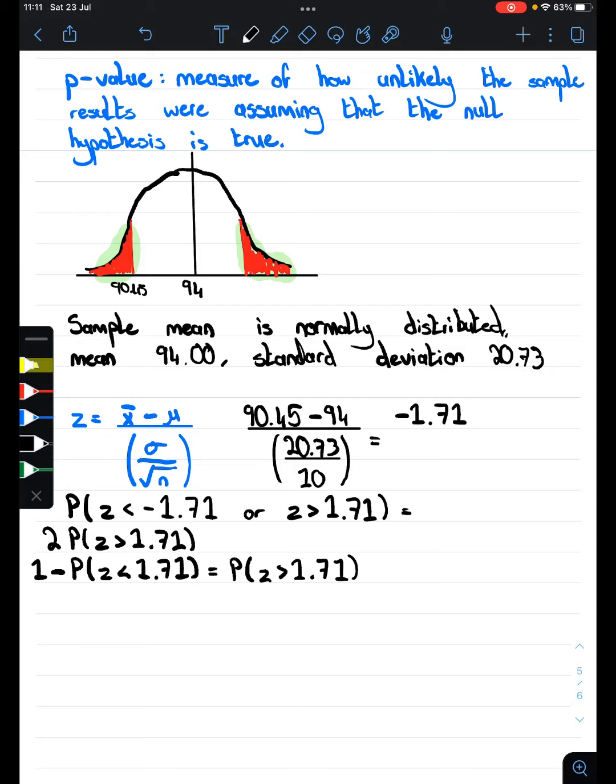So our answer will be 2 by 1 minus the probability of z less than 1.71. We go to 1.71 in the log tables, and it gives us 0.9564. So we get 2 by 1 minus 0.9564.